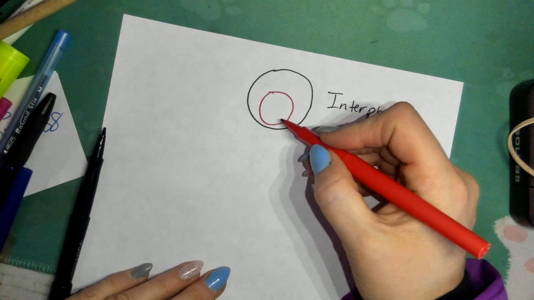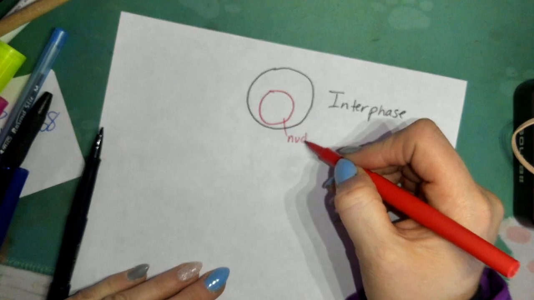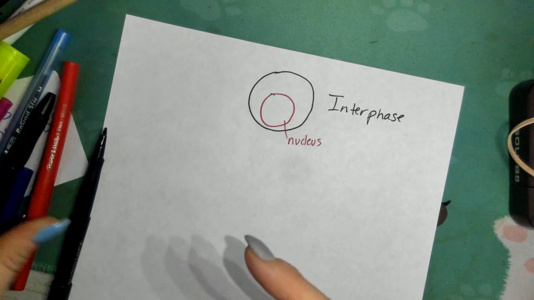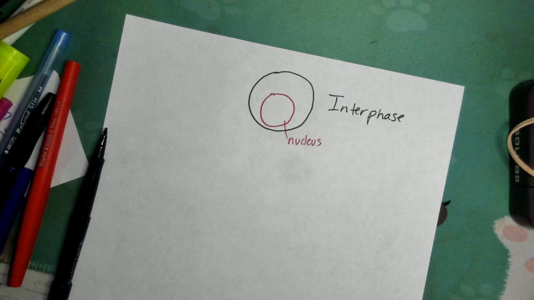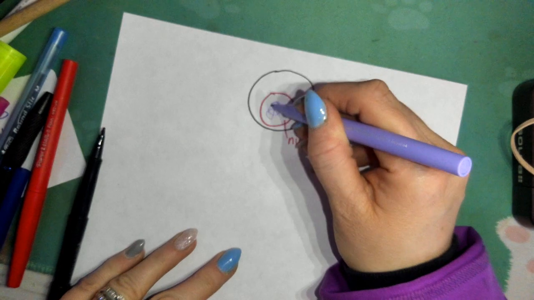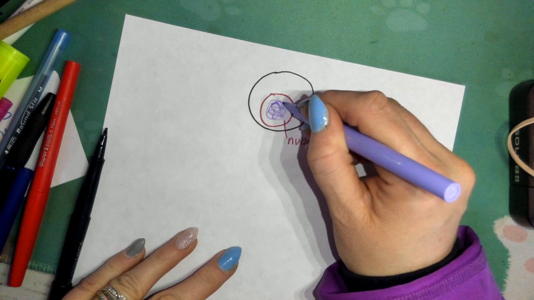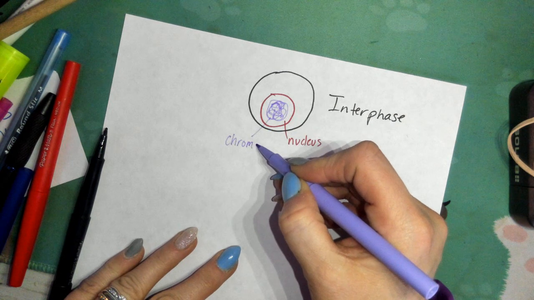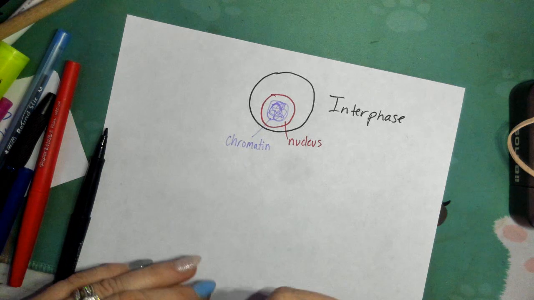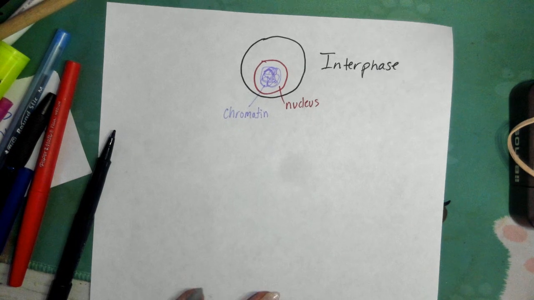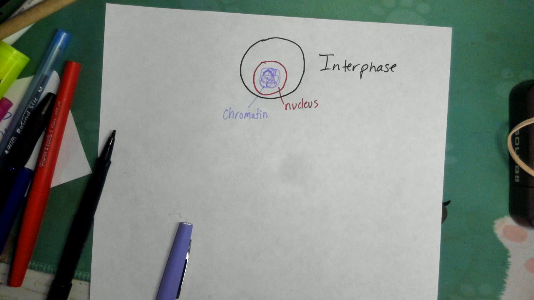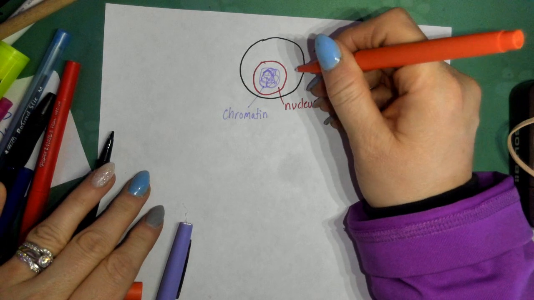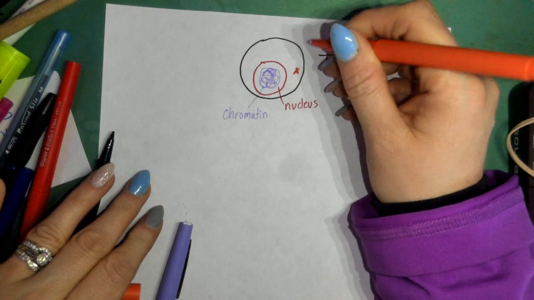And inside the nucleus, we are going to have chromatin. We'll make the DNA purple. The chromatin is going to be those chromosomes uncoiled. The DNA looks like chromatin most of the time. We're also going to have these other structures over here.